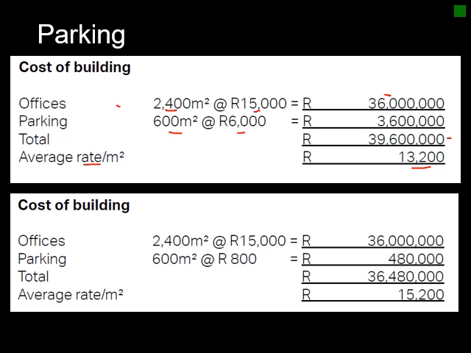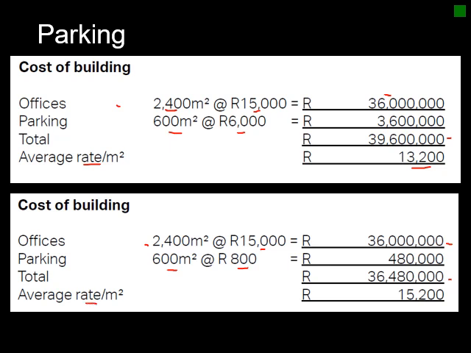Now if we look at case B, we've got the same amount of office space at the same rate, so it's still 36 million. And then you've got your parking, which is now external, so it only works out at 800 Rand per square meter, and you get to, let's say, 36.5 million.